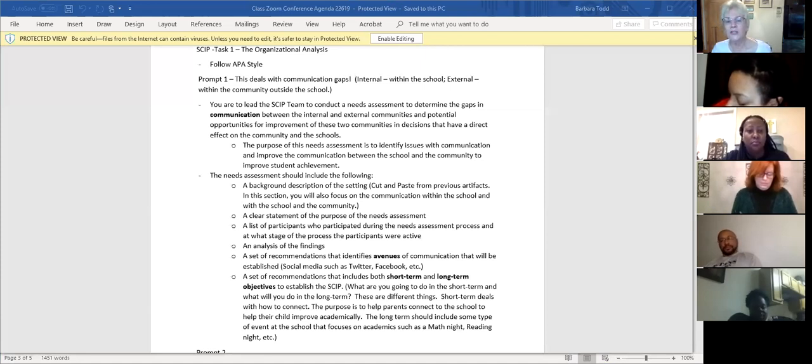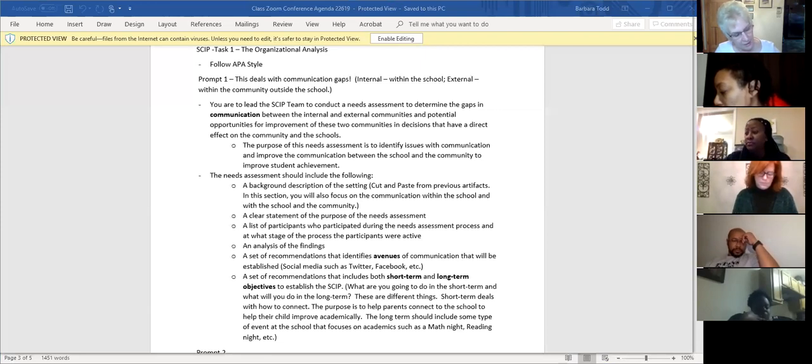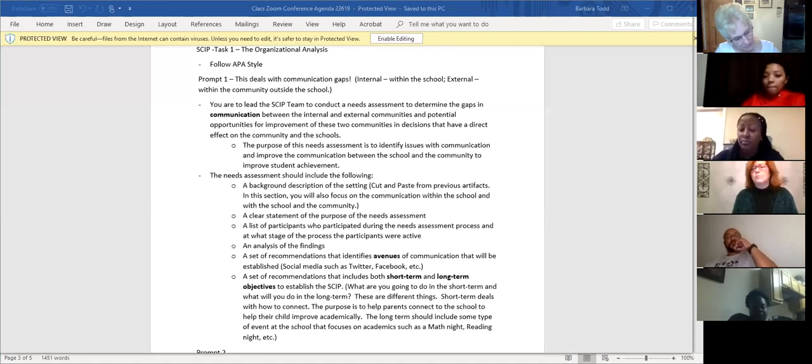A recommendation that identifies avenues of communication. Now, Dr. Lamb last night in his information was saying the recommendations here are talking about avenues of communication. I'm looking at my notes because I thought I put more information about that.